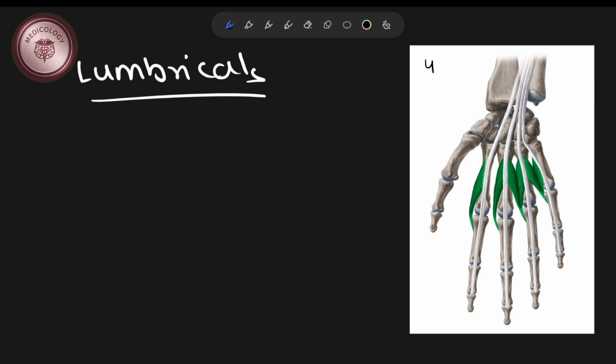But over here you can see these are the flexor digitorum profundus tendons, and the lumbricals originate from these profundus tendons and go back and attach to the common extensor hood.